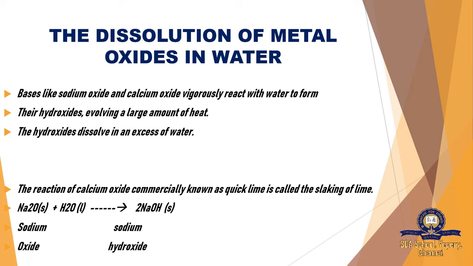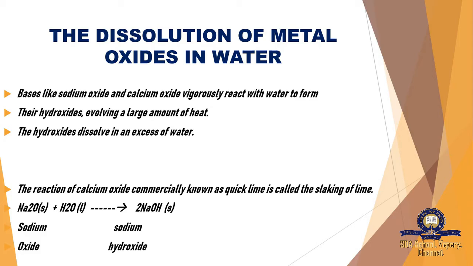The next example of reaction is the dissolution of metal oxides in water. Dissolution is nothing but dissolving in water. First, bases. Bases like sodium oxide and calcium oxide vigorously react with water to form their hydroxides, evolving a large amount of heat.